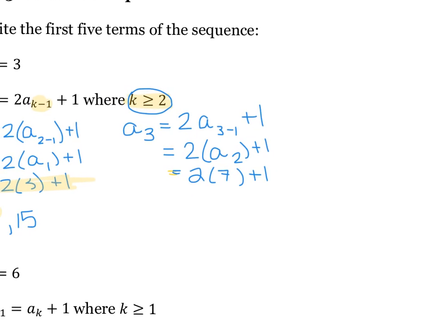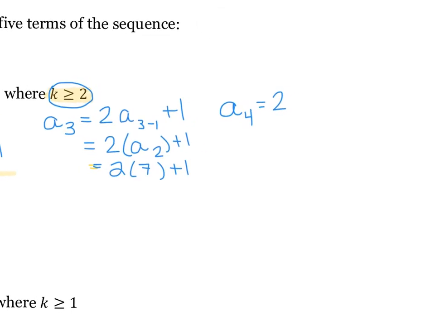Let's find the fourth term, and this will be the last one that we find on this one. So a sub 4 is equal to 2 times a sub 4 minus 1, quantity plus 1.